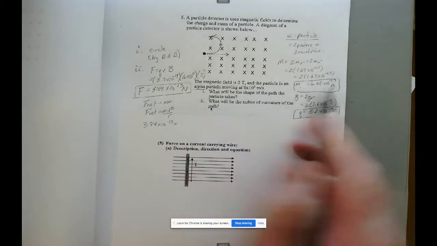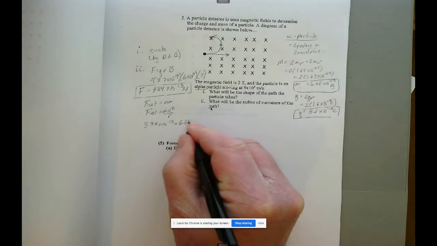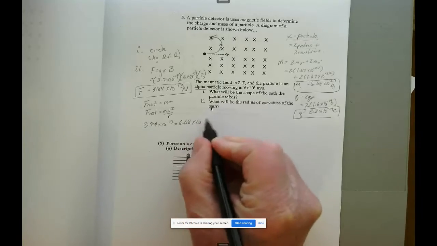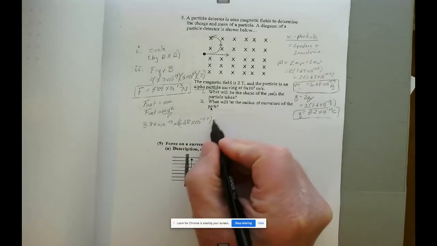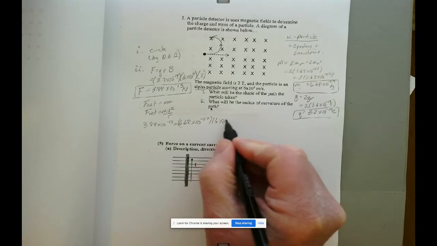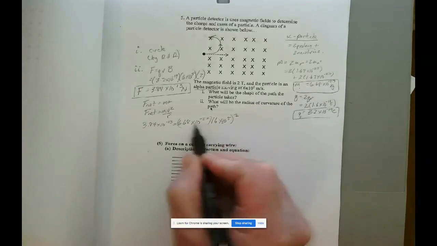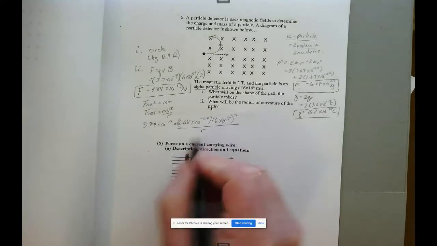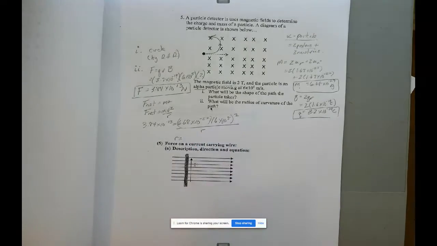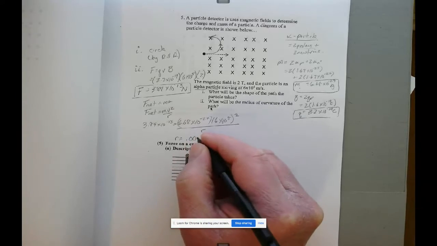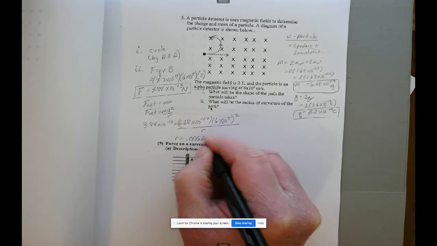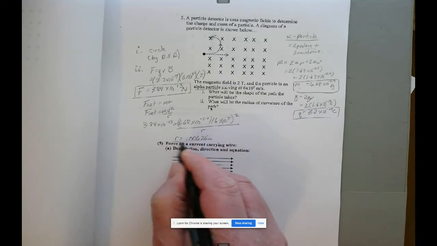We got the mass up here, 6.68 times 10 to the minus 27th. The v is here, 6 times 10 to the 5th. Okay, remember to square that and divide it by r. When we solve that, we'll get an r of 0.00626 meters.